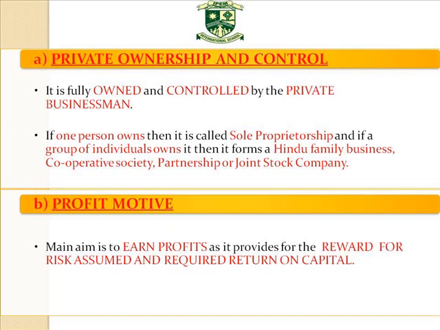Again, I'll repeat: sole proprietorship has only a single owner, then we have joint Hindu family business, cooperative society, partnership or joint stock company. In these organizations the owner will not be a single person, but they can be owned by 2, 3, 10, 100, 150 depending upon circumstances. You will study these kinds of organization in the upcoming chapters.